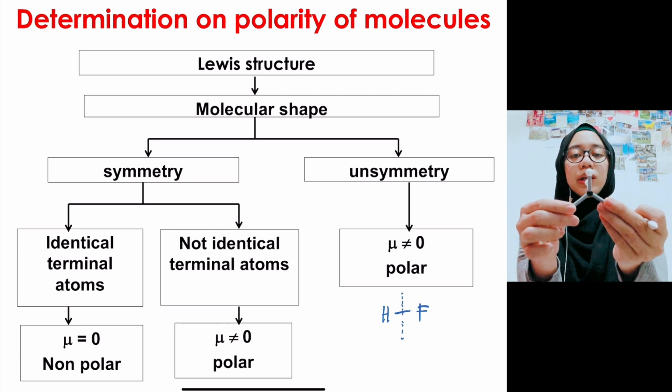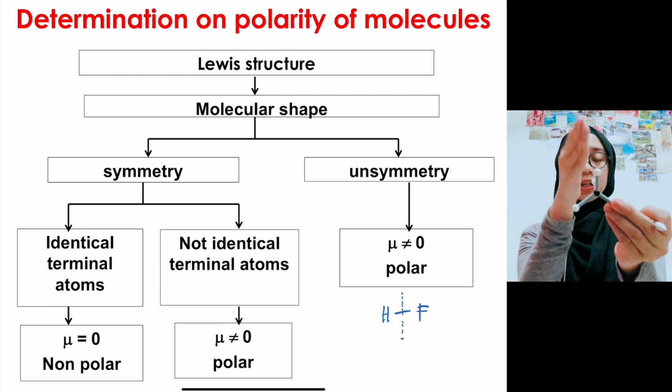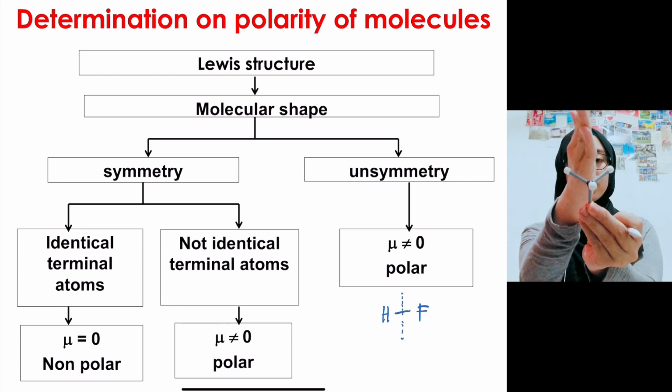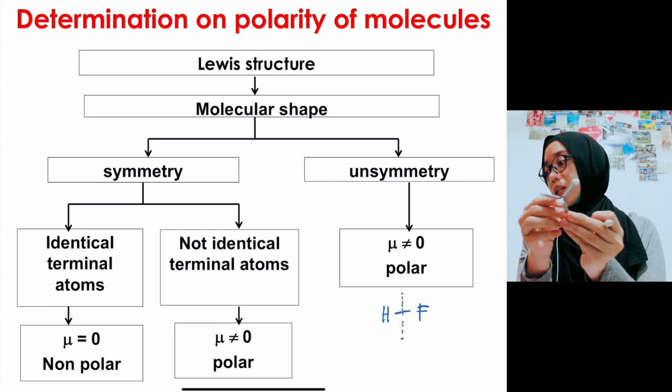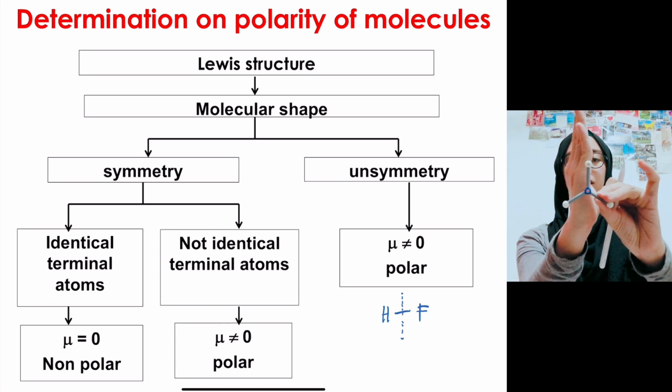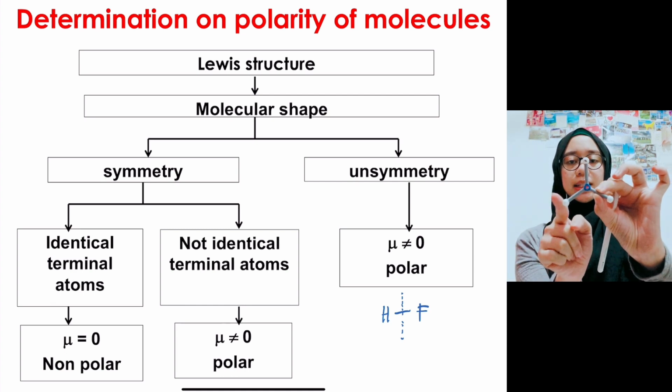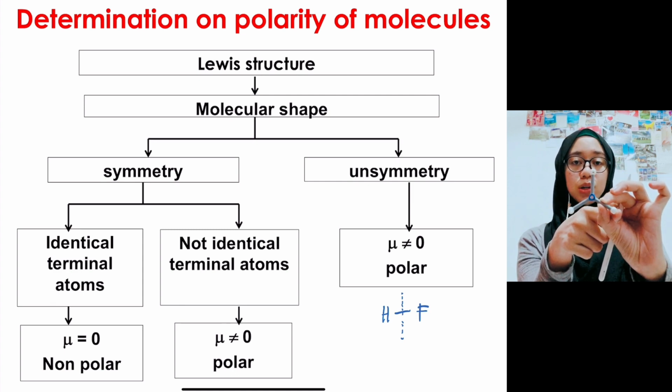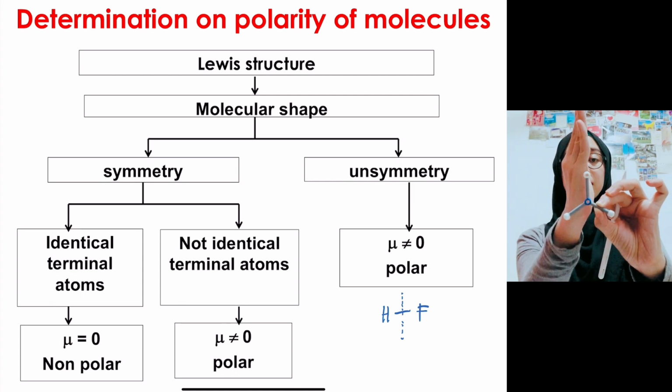So itu considered symmetrical. Kalau Miss potong kat sini pun, dia symmetrical. Kalau Miss ambil trigonal planar pun, kalau bahagi tengah-tengah, sebelah ni sama, sebelah sini pun sama juga. So dia considered sebagai symmetrical.